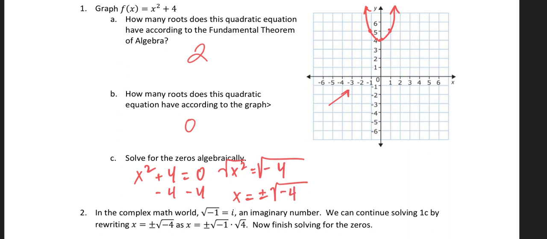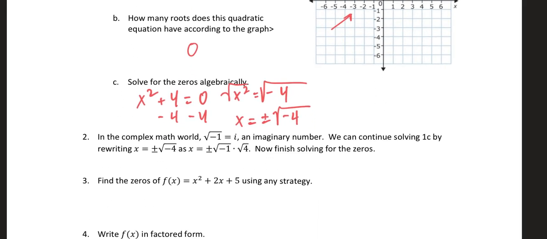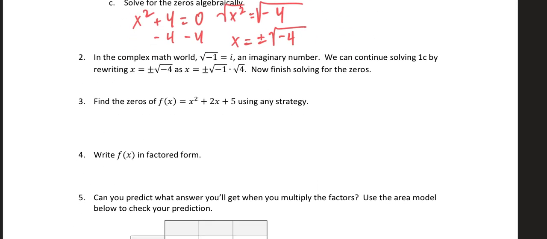up until this point in our class, we've said that you couldn't take the square root of a negative number. So number 2 says, in the complex math world, the square root of negative 1 is equal to i, an imaginary number. We can continue solving by rewriting plus or minus root negative 4 as plus or minus root negative 1 times root 4, and then finish solving for x.